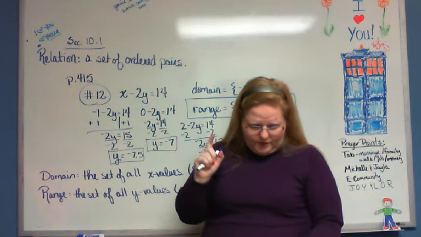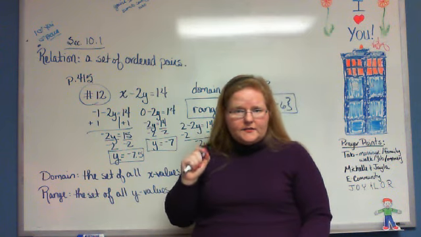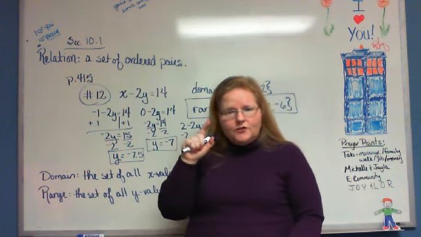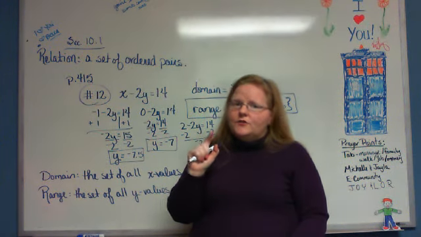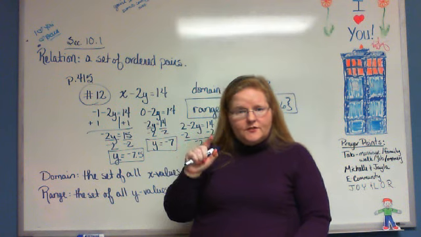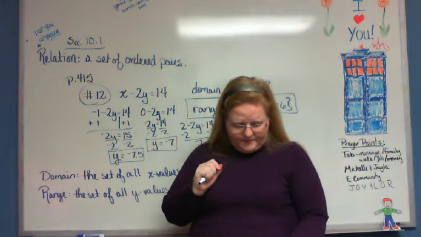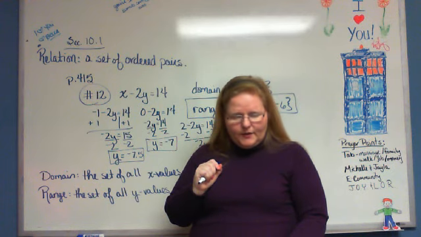And then in problem number 8, they give you a set of points and a picture, and you have to go through and figure out what each of those individual points are, and then you have to give the domain and the range for those points, which I think you know how to do.